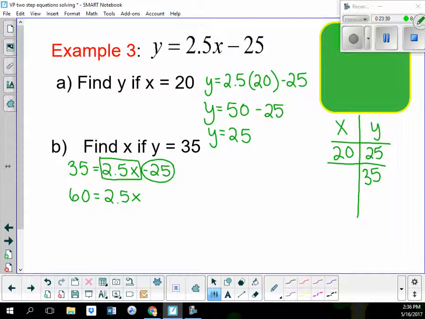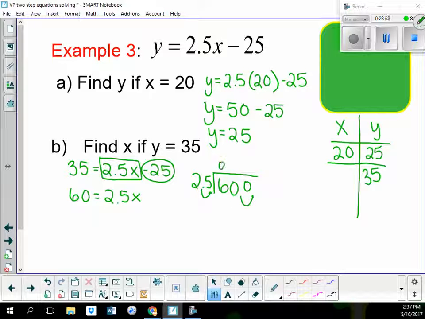So now I have to figure out 2.5 times x times what is going to be 60. So I can take this and do 60 divided by 2.5. Move each of these over. 25 does not go into 6, but it does go into 60 2 times.